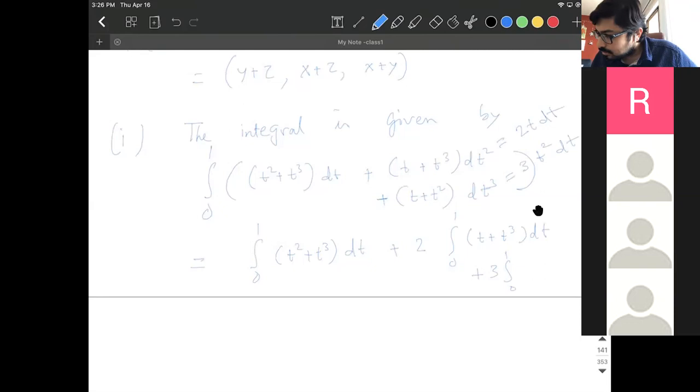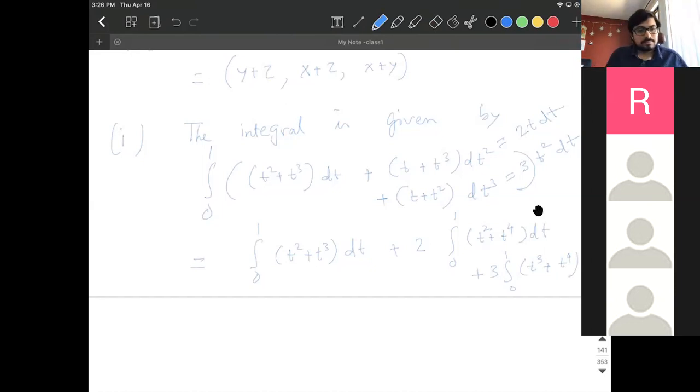So then this is, let's see, there should be a t, so this is t square plus t to the 4. And the last one would be t cube plus t to the 4 dt.